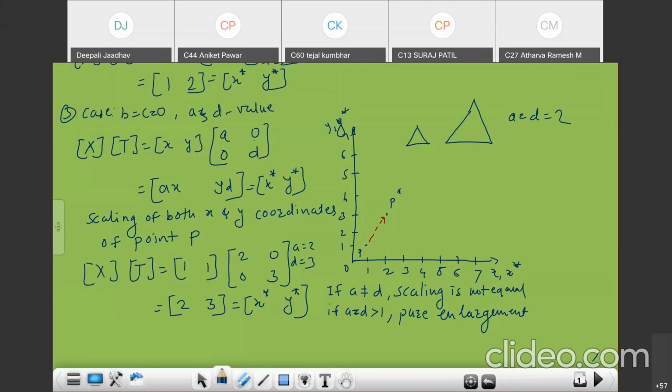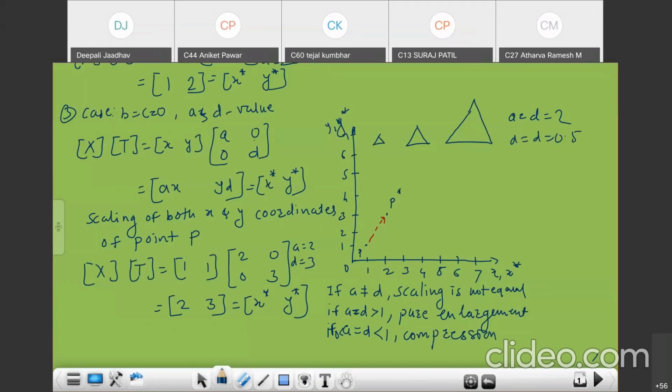And the third case, if A is equal to D and the value is greater than 0 and less than 1, then it is a compression. For example, if A is equal to D is equal to 0.5, what happens to this triangle?